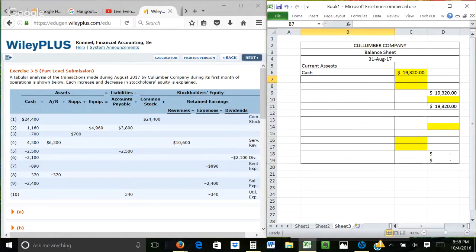So the next part for this, for our current assets, we know we had cash. So the next part in our assets is going to be accounts receivable. That's pretty liquid. We're going to be getting those funds pretty soon. In fact, we got part of those funds already, so we could go ahead and put accounts receivable.